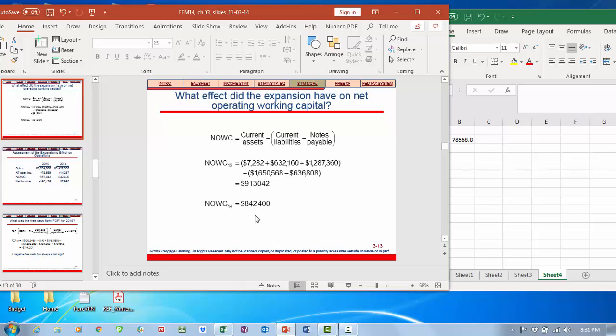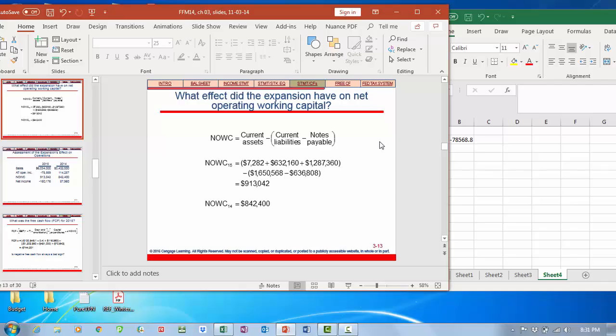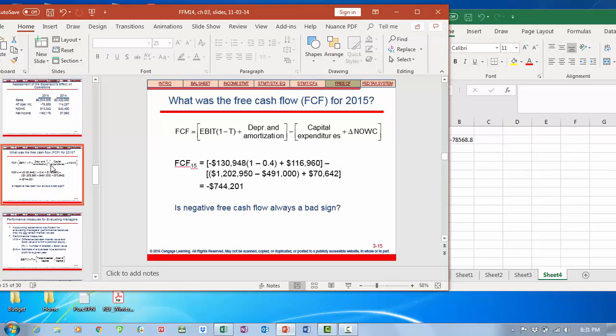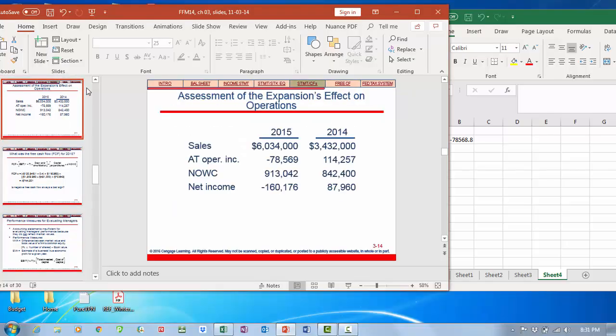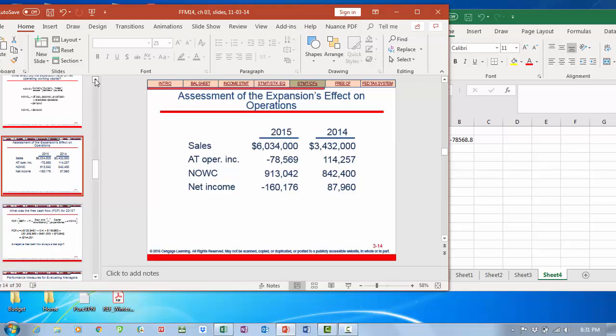Now it does look nice for 15, but remember, you've locked in a lot of your funds in inventory, which will not realize too fast into cash. So you have to be careful to interpret those numbers. So assessment of expansion's effect on operations: sales has definitely gone up from 14 to 15.